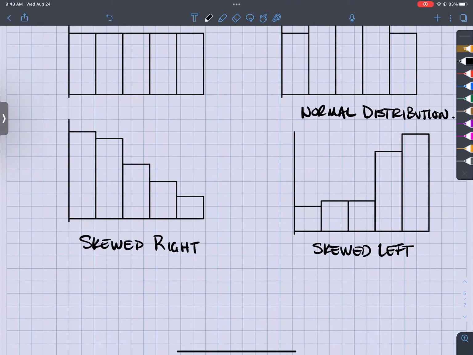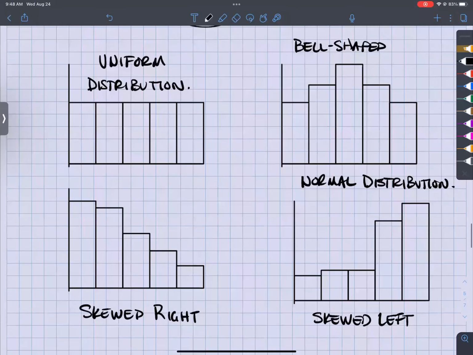Where did I see dot plots? There I see dot plots. Any questions on this?